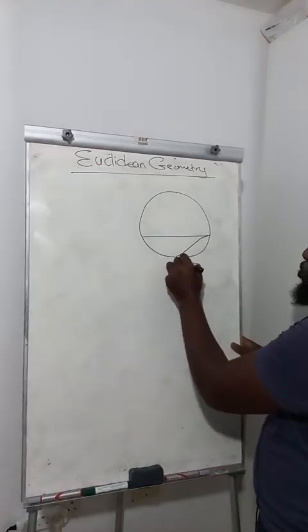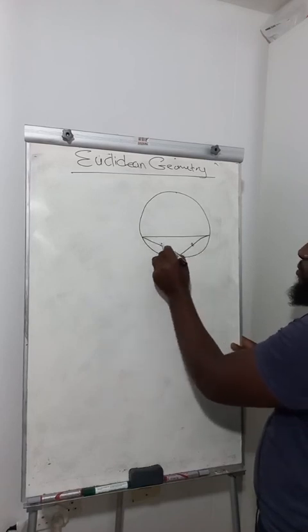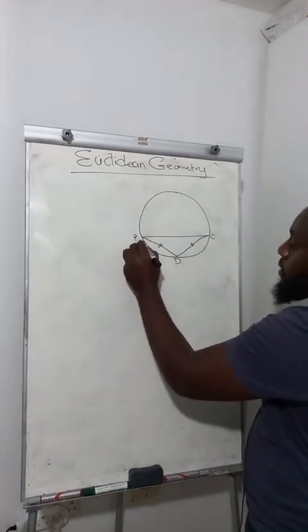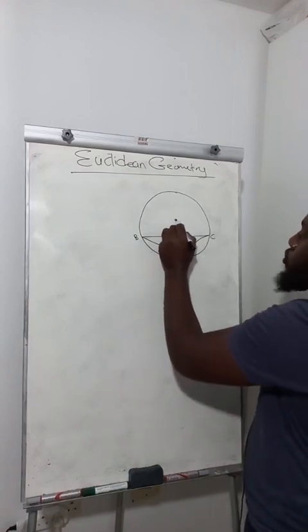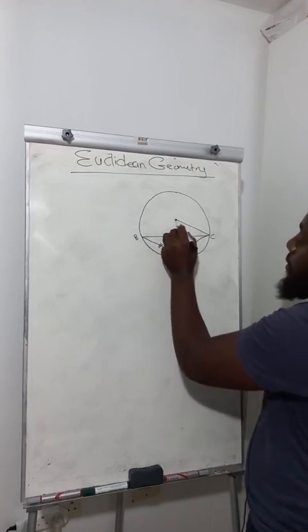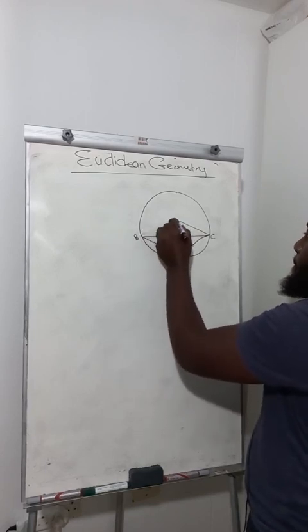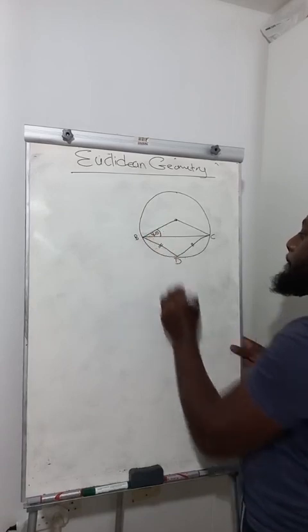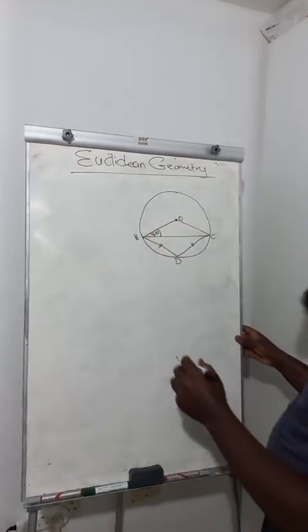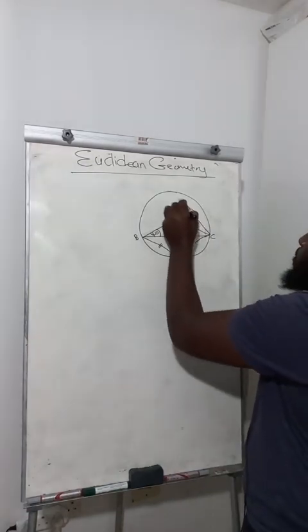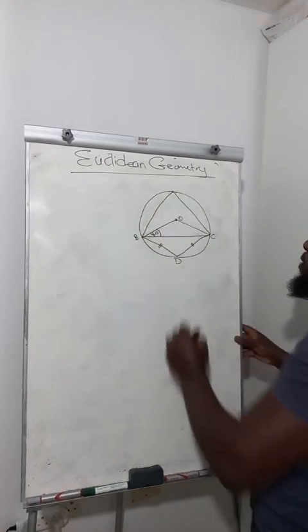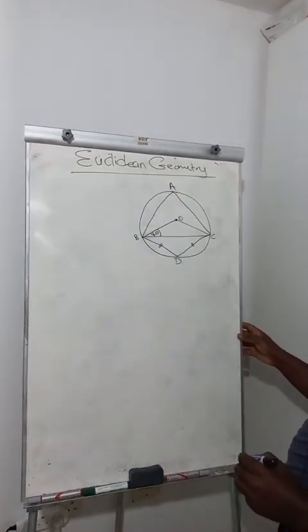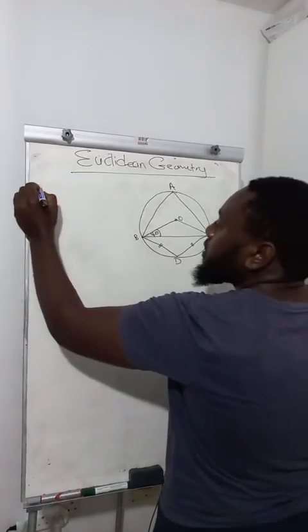So this is something like this. This is D. This is C. This is B. And this is O. This one is A. Now, let's say this is given.